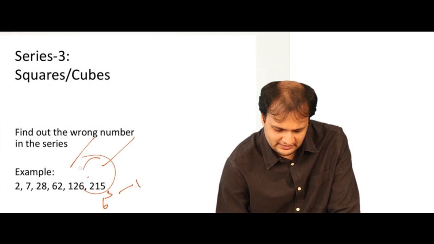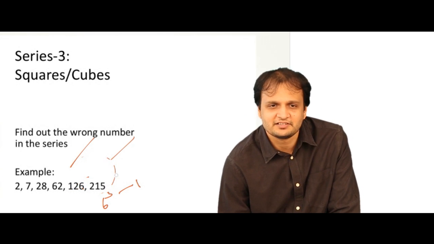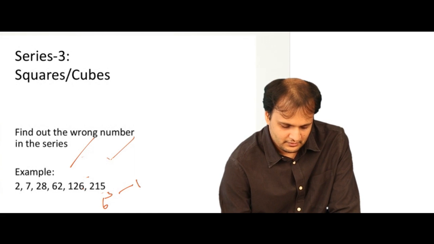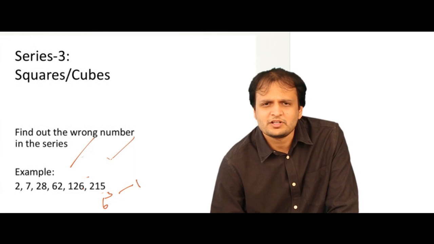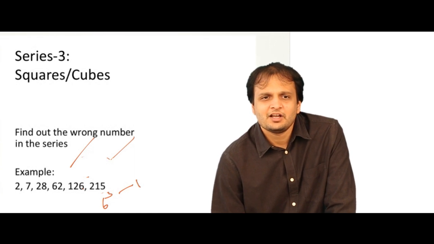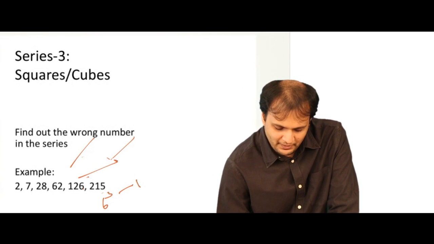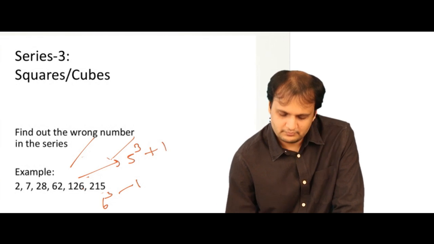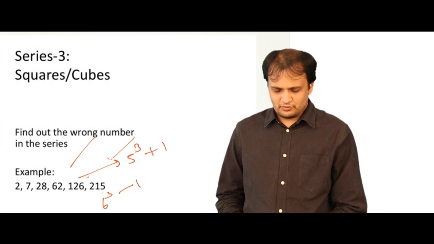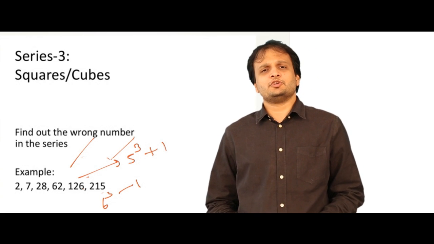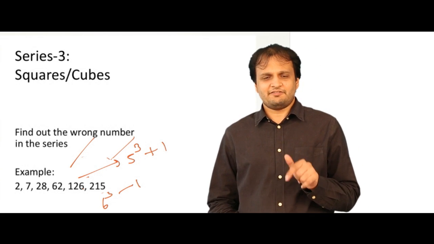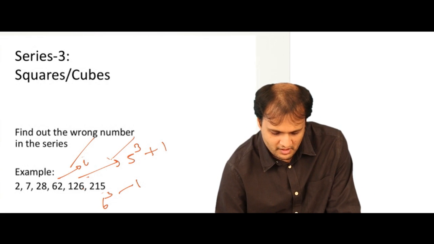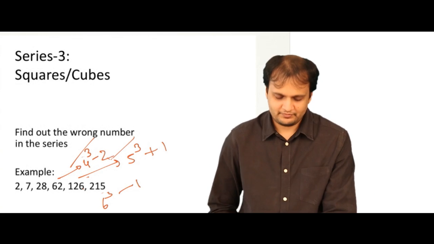So let's look at what is 126. Let me just clear this up for you. So what is 126? 5 cube is 125. So this is 5 cube plus 1. So this is 6 cube, this is 5 cube. So next should be 4 cube. What is 4 cube? 4 cube is 64. So this is 4 cube minus 2.